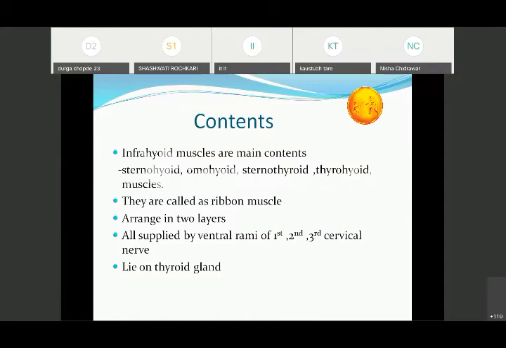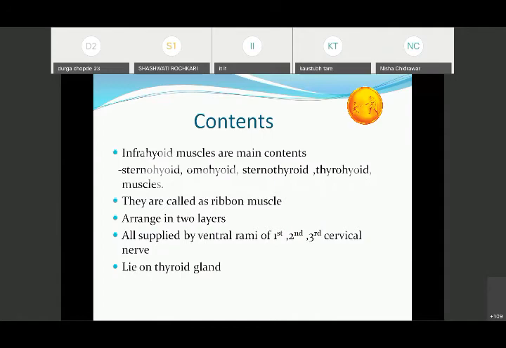These muscles have some common features. They are called ribbon muscles, also called strap muscles. They are supplied by the ventral rami of first, second, and third cervical nerves, and they lie on the anterior surface of the thyroid gland.